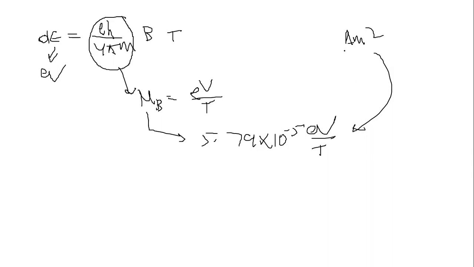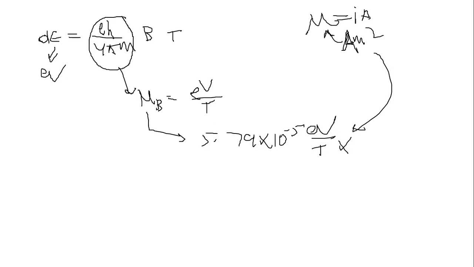Since mu is equal to I into A, the unit was ampere into meter square, but here, since we are calculating mu B in terms of energy and magnetic field, it is energy per magnetic field.